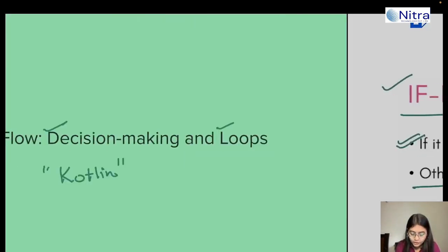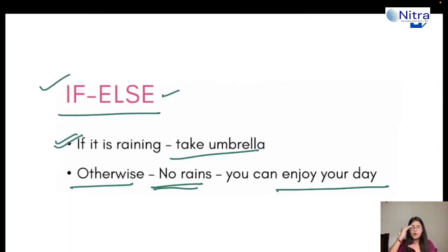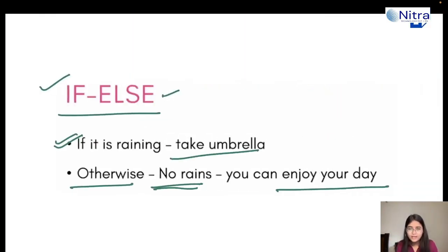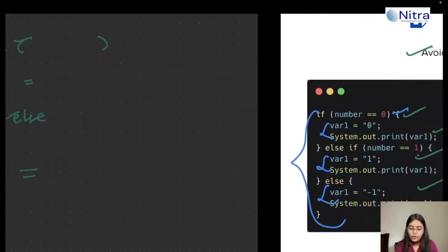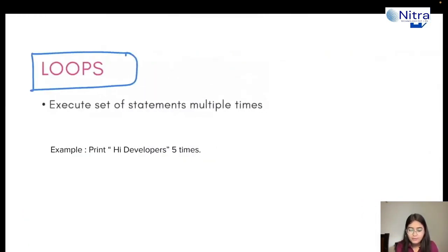So yes, we just finished decision making. If you have to perform some operation based on some decision, you will be using if else. You can use when as well. And if you want to perform a set of operations multiple times, I'm repeating, in that case you use loops. The word loop is self-explanatory, right? If you have to execute a set of statements multiple times, then you have to use the concept of loops.